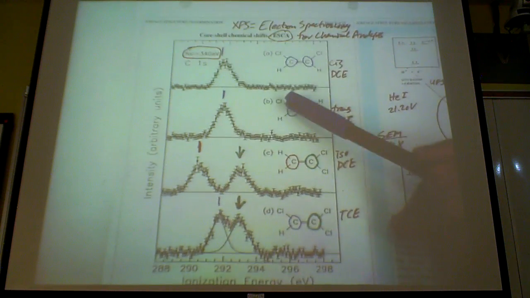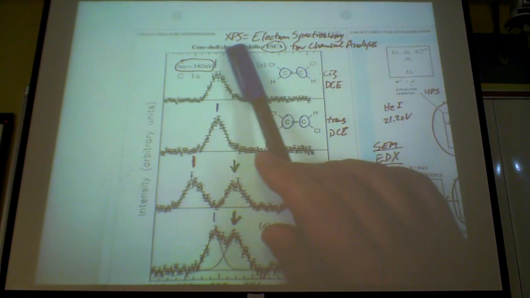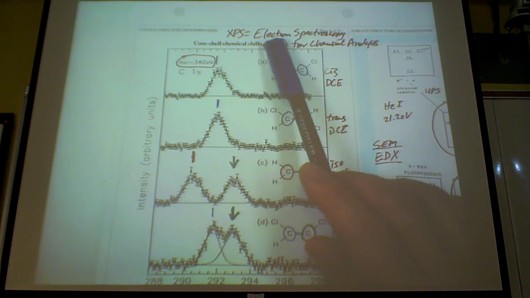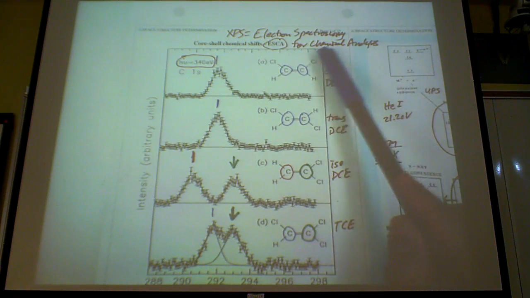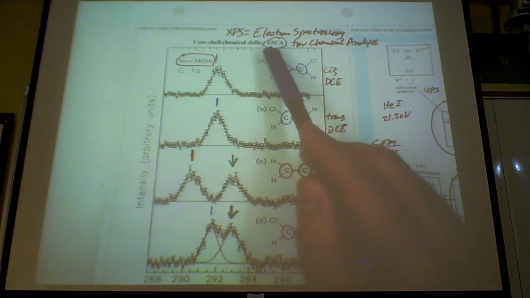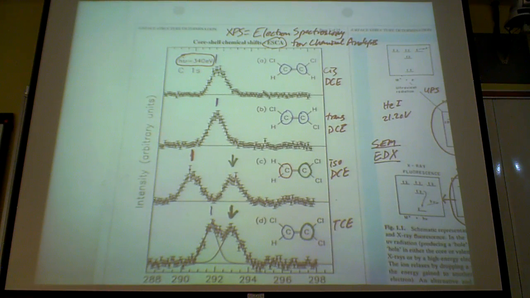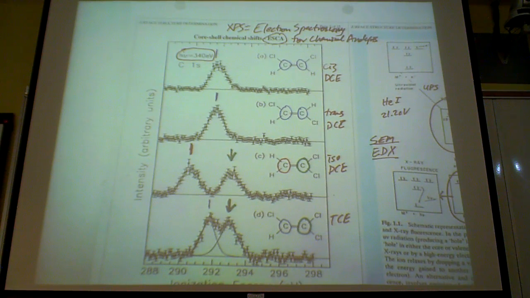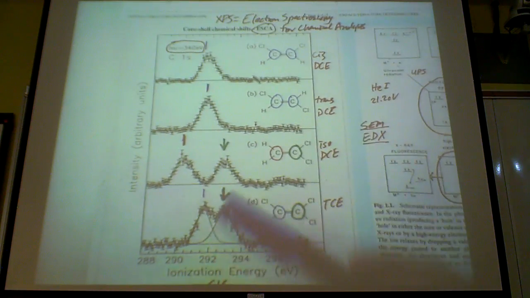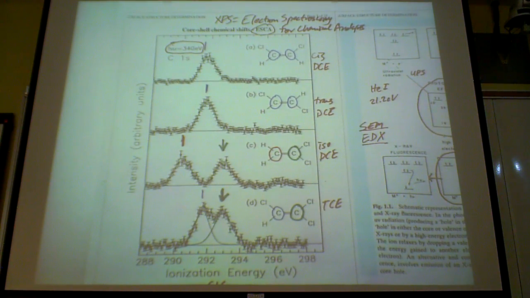So XPS, X-ray photoelectron spectroscopy, or as Siegbahn would call it, electron spectroscopy for chemical analysis, ESCA, emphasizes the idea of using electron spectroscopy for chemical analysis. It's a powerful tool to identify what element and what local chemical environment you have in your material. A lot of chemists are now using this to analyze what they have chemically.